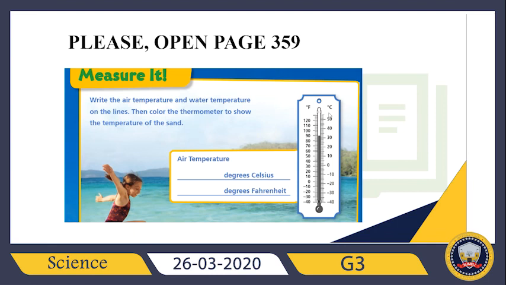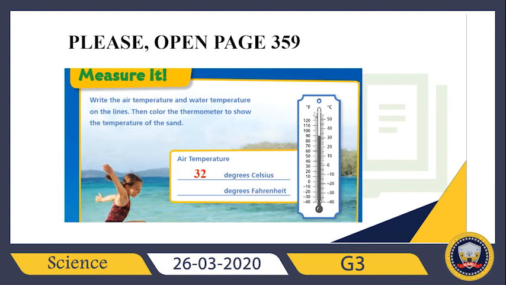So when I check for Celsius first, I can see this temperature is between 30 and 40, and I know there is a longer line here. So I can say this temperature is between 30 and 35. If I want to find the exact temperature, I need to count the lines here. So 30, 31, and it will be equal 32. So it's equal to 32 degrees Celsius.